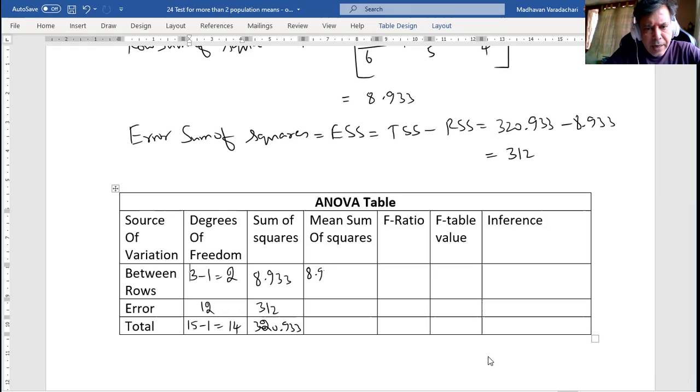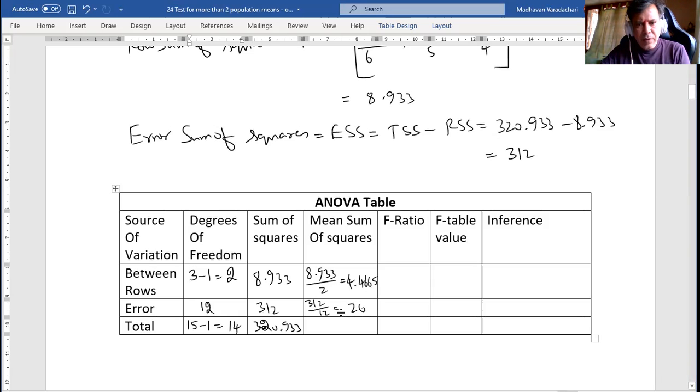Now, mean sum of squares, how do we calculate? It is 8.933 divided by 2. Let's calculate that. 8.933 divided by 2, you get 4.4665. And then error sum of squares is 312 divided by 12. We get 26.